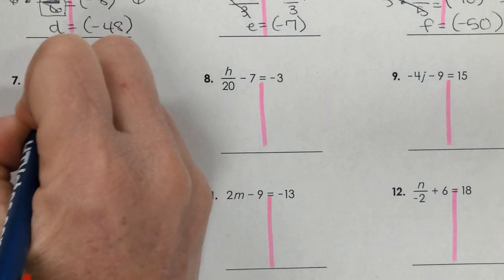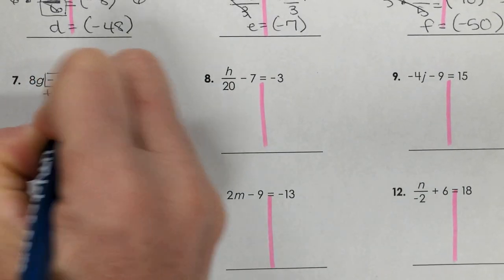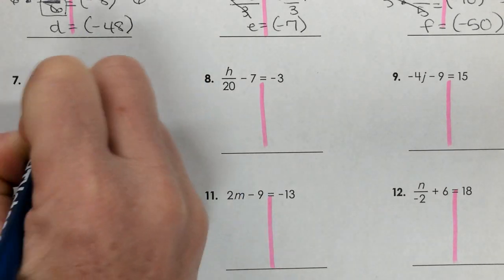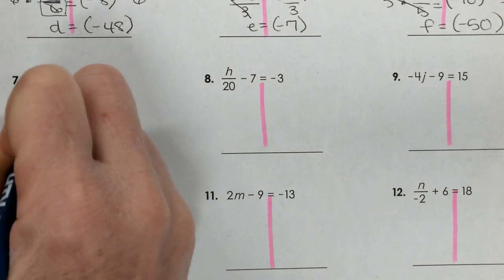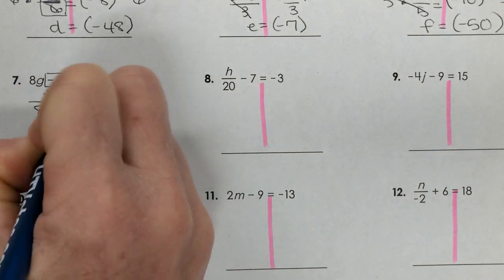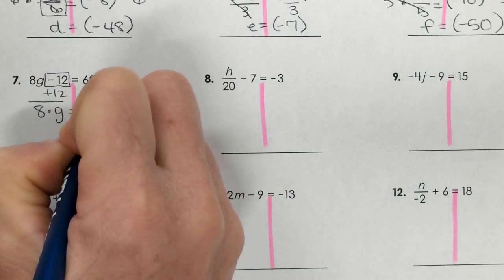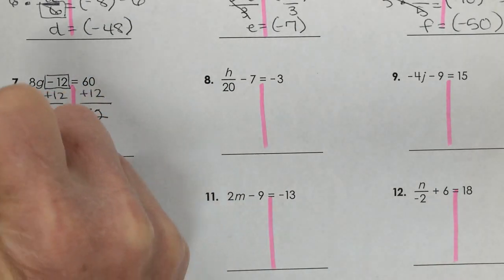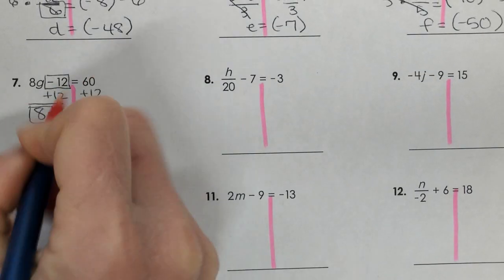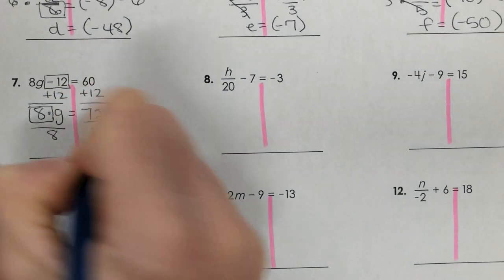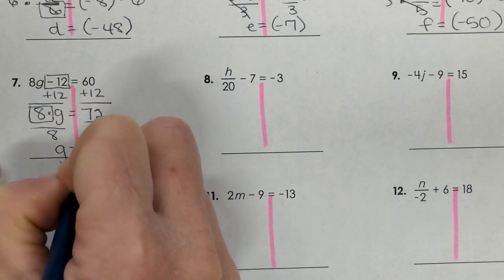Number 7, we're going to get rid of the minus 12 by adding 12. Repeat on the other side. That gives us 8g, which is 8 times g. And 60 plus 12 is 72. To get rid of the times 8, we will undo using division. And then we have g is equal to 9.